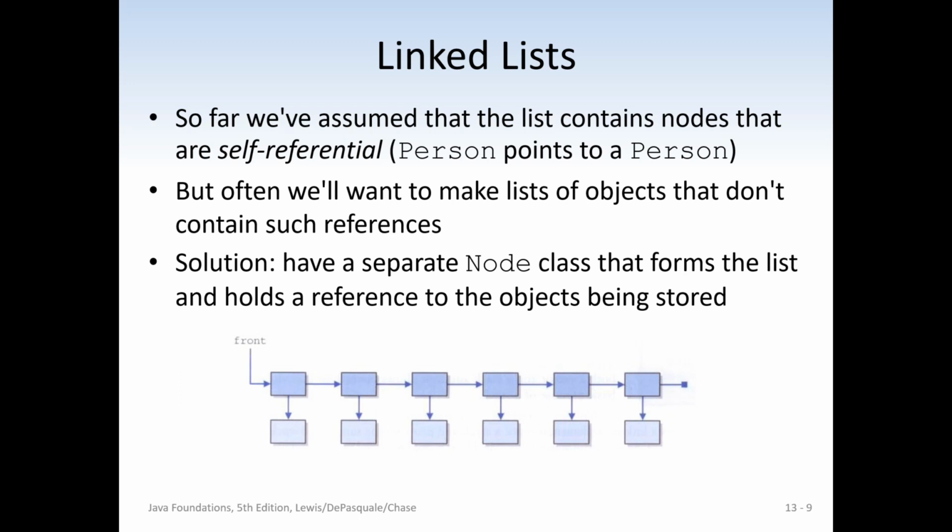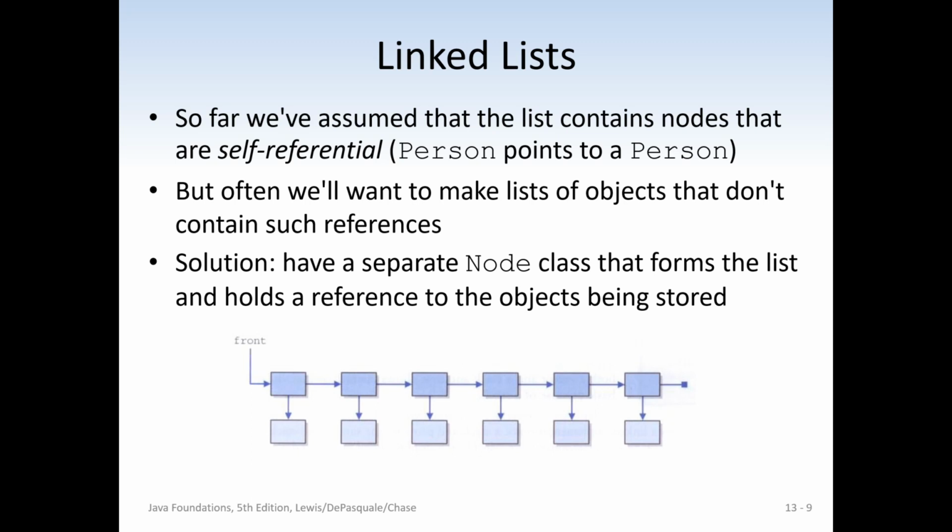You'd say, okay, it's a person. It's a Node with angle brackets around Person, and that would mean that the reference inside it would point to a person. Now we have a list, and our list structure is contained in the node class, and our person objects are separate and have nothing to do with the list.